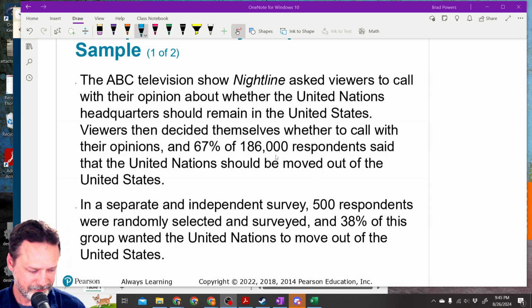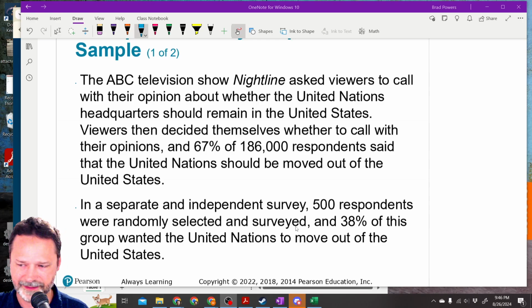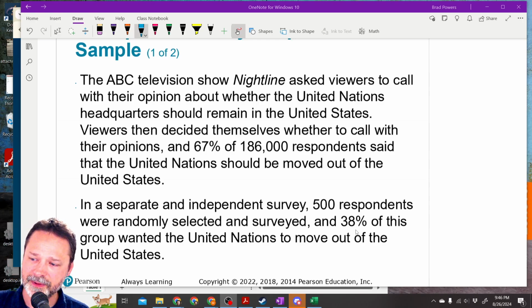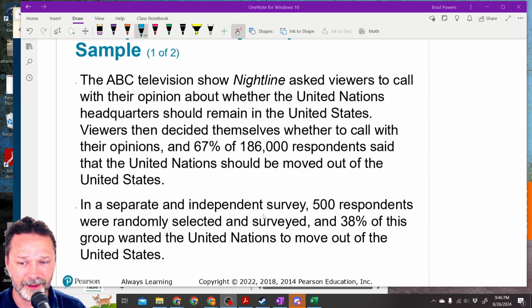In a separate and independent survey, 500 respondents were randomly selected and surveyed. Ooh, we got randomness. And 38% of this group wanted the United Nations to move out of the United States. So which one is going to be better? The one that's random. That's going to represent the general population a lot better.